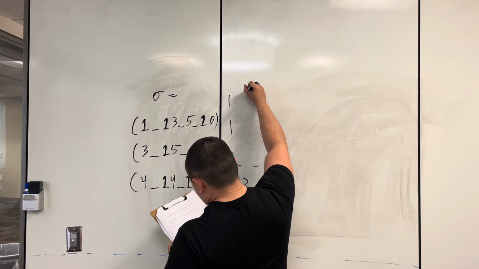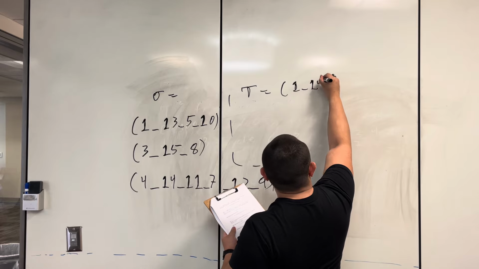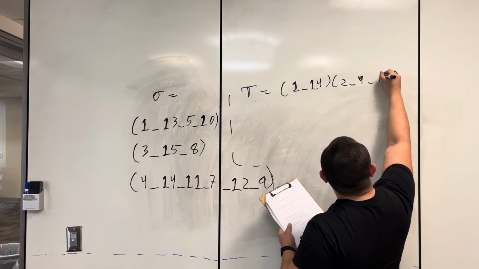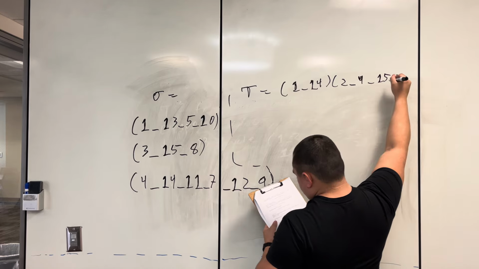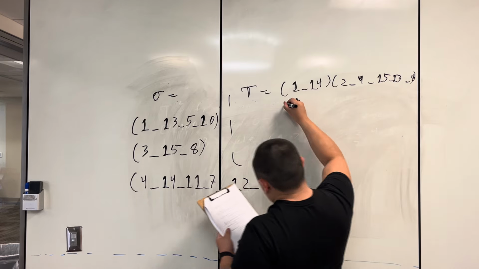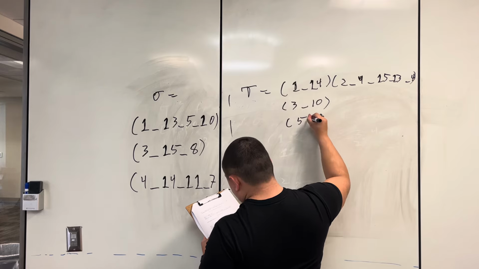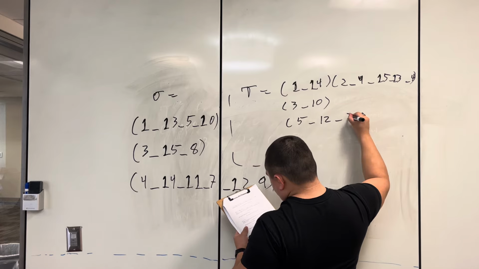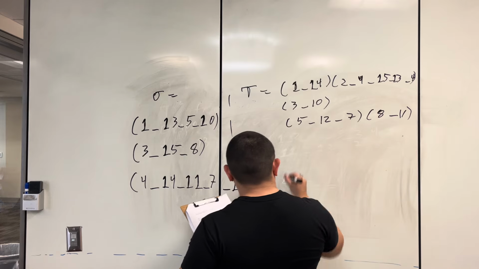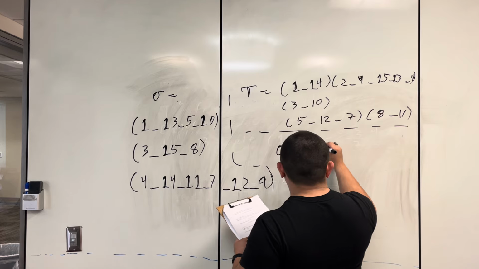And then let's show tau. Tau is equal to (1 14)(2 9 15 13 4)(3 10)(5 12 7). I'm just going to hurriedly jot these down because you can just go back and see what they actually are, but I like to have them all in one place.